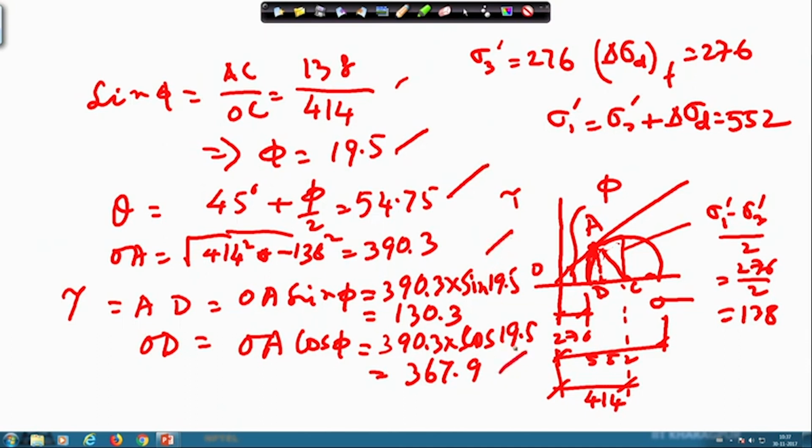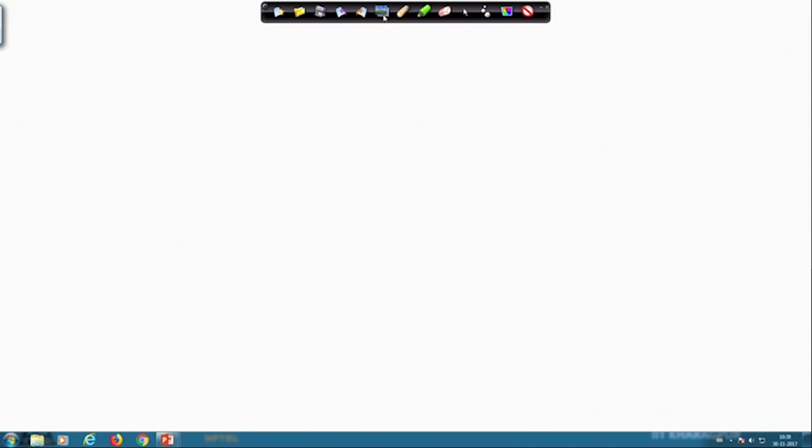So, this is the graphical way, but I can also get the same thing analytically. Suppose we have given sigma 1 dash minus sigma 3 dash equal to 2 c dash cos phi plus sigma 1 dash plus sigma 3 dash sin phi.